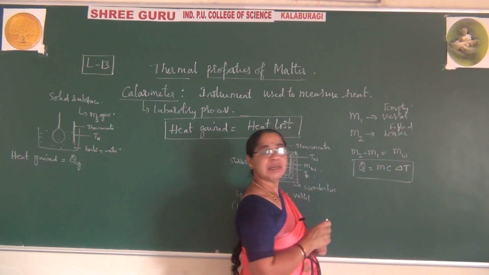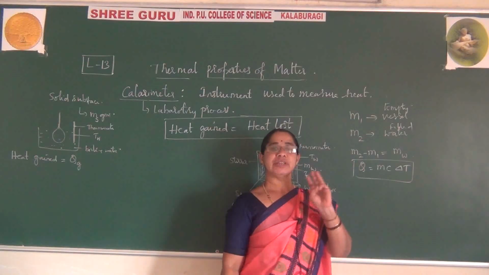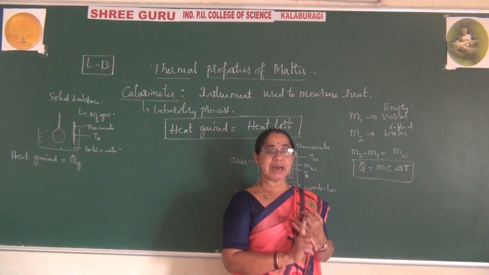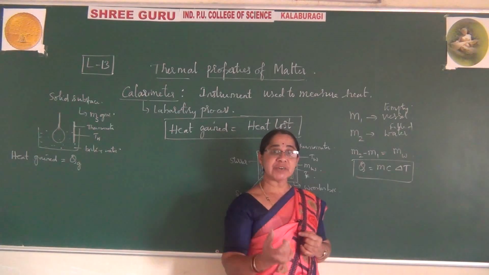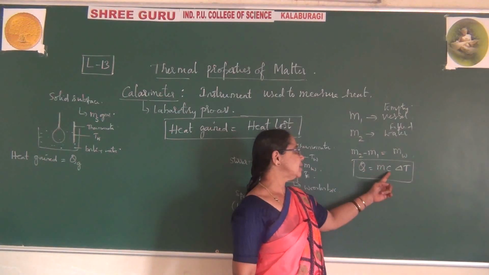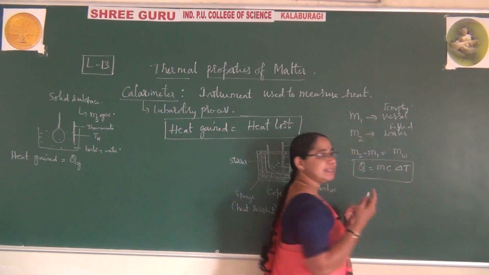What do you mean by this? The quantity of heat supplied to a given substance mainly depends on three factors. One, it depends on mass; it depends on the rise in temperature; and it also depends on the nature of the material. That nature of the material is represented by specific heat, where we already know C.